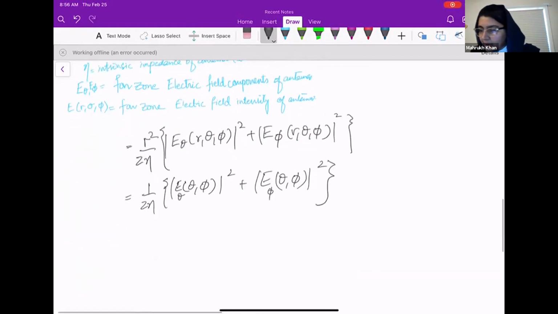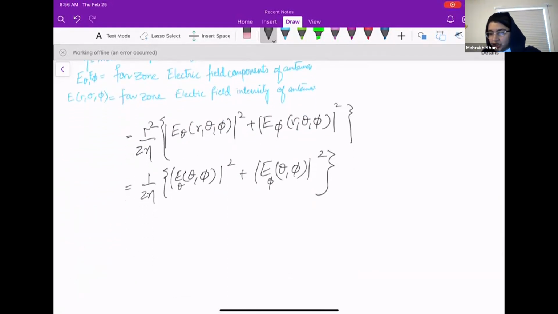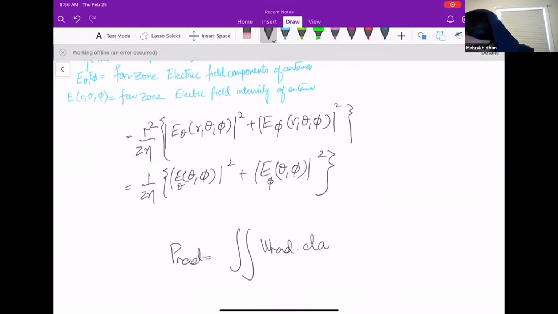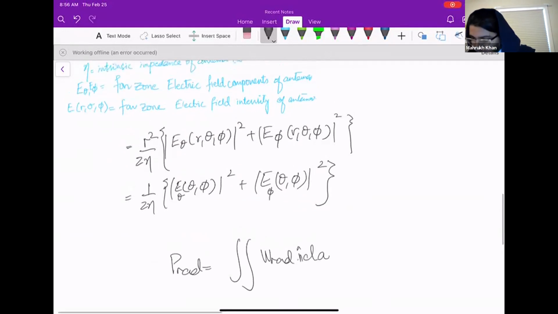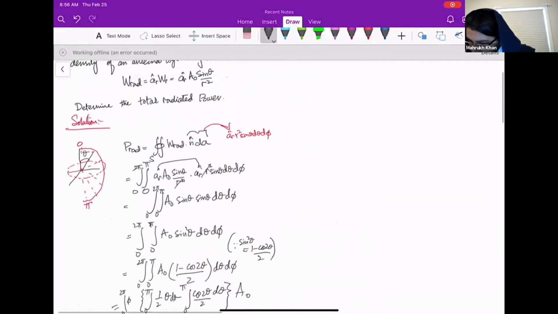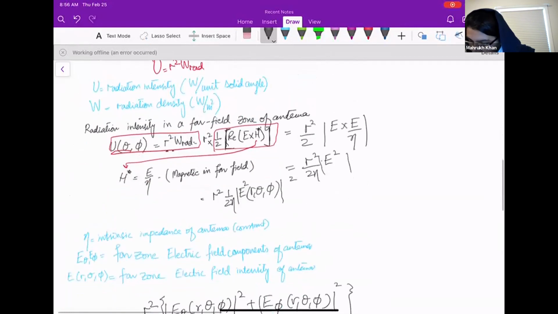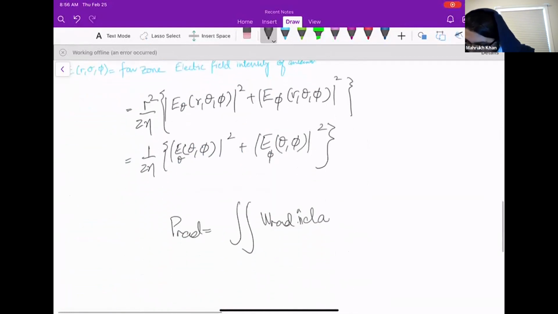So thinking about this, that it's the same as radiation power density, I can also write P rad as, which was previously W rad dot n dA, right? Let me confirm it. Yes, W rad dot n dA, which was previously that.